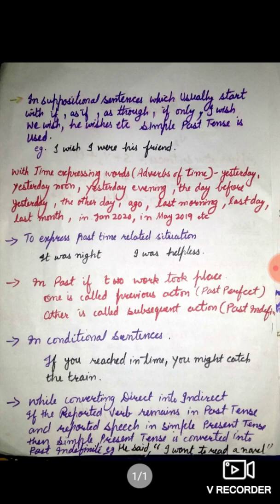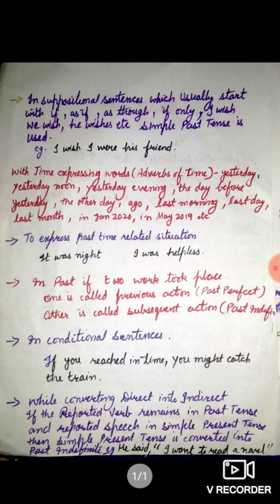With "I" we would usually make use of "was," but here "were" is used. This is an imaginary sentence, and in imaginary or suppositional sentences we make use of "were" with every pronoun, whether it is he, she, it, you, we, they. I suppose this use is also clear to all of you.